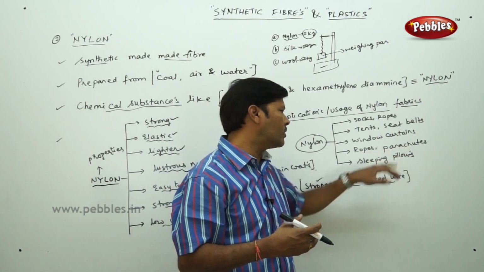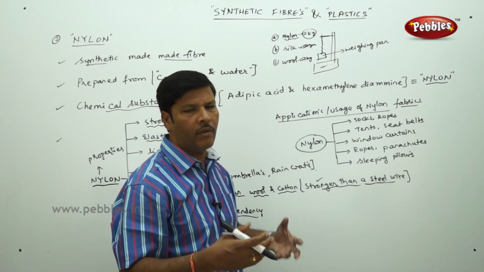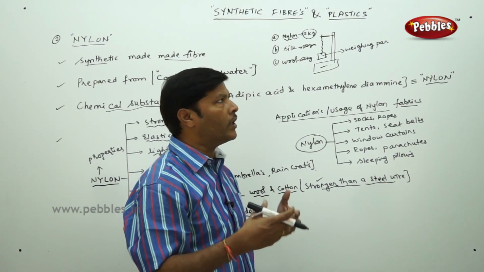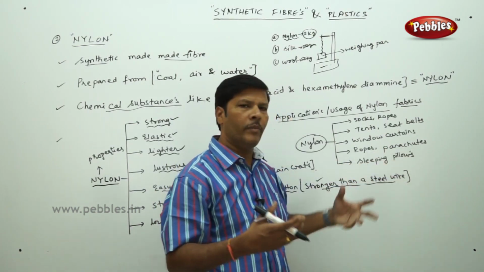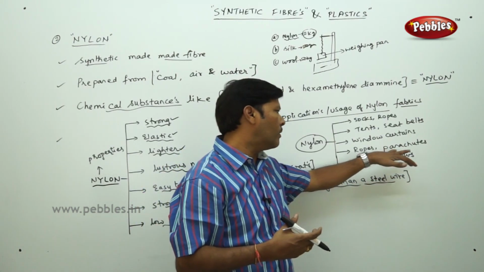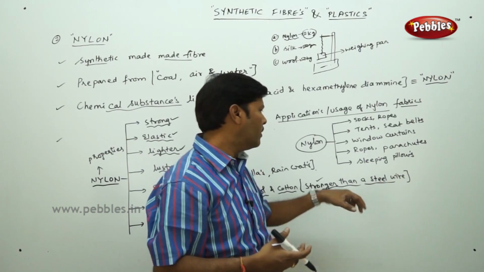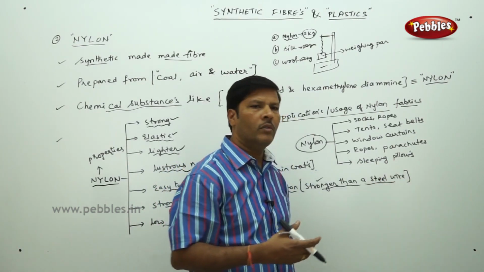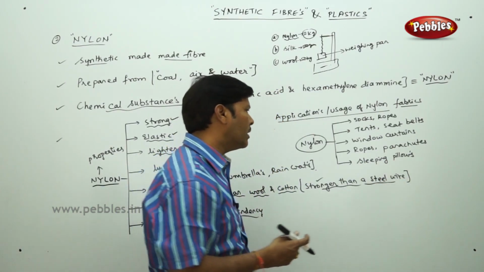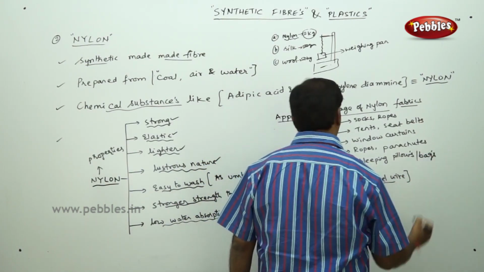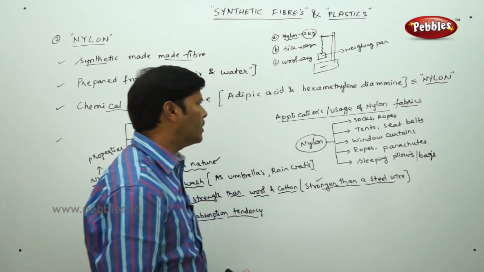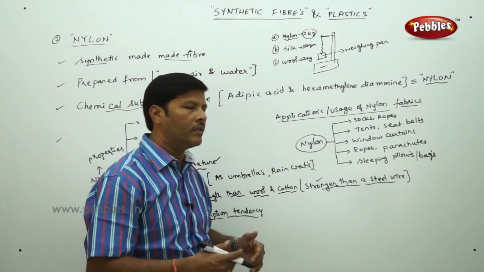And of course parachutes also; they are lighter, so they have higher buoyancy. When we try to fly in the air, we use parachutes. It maintains the common buoyancy for the person who is trying to explore. Then sleeping pillows or sleeping bags also are made up of nylon. So these are the wide applications of nylon in our various daily lives.